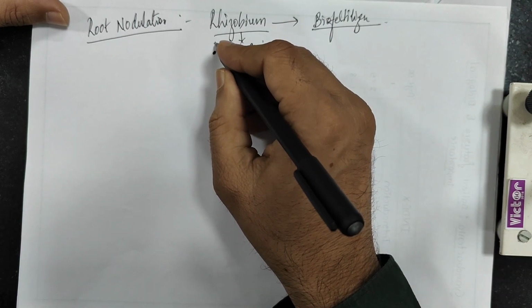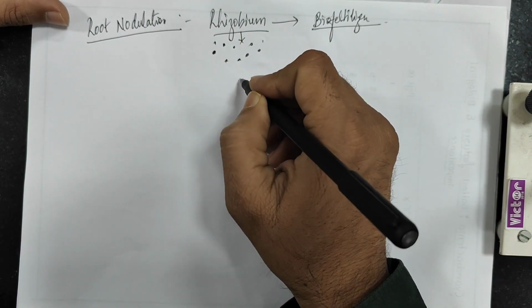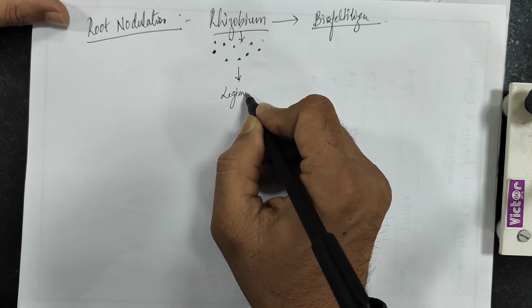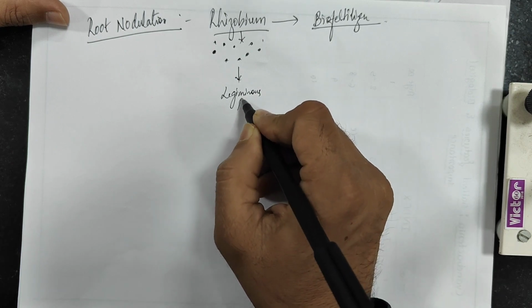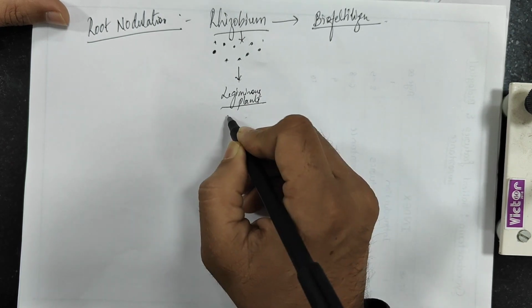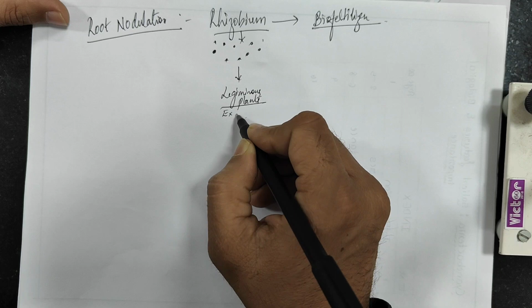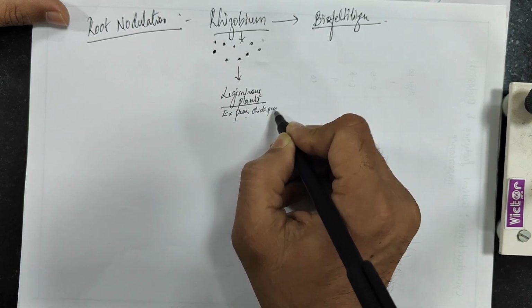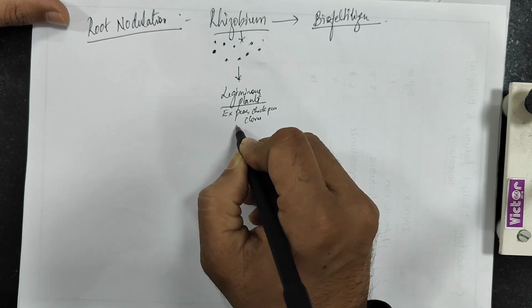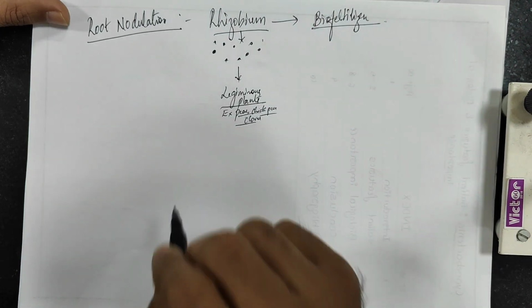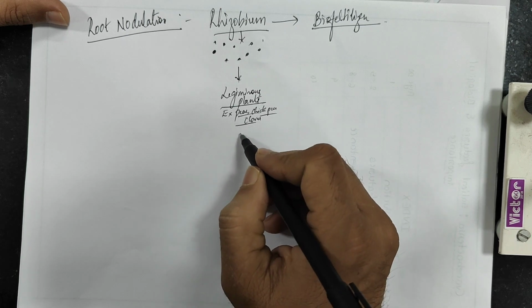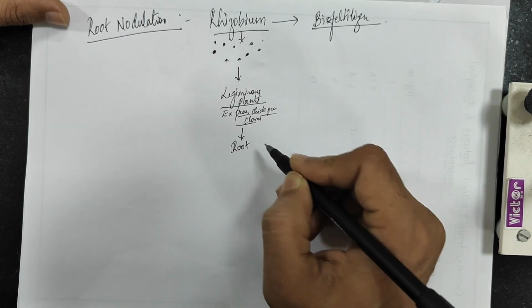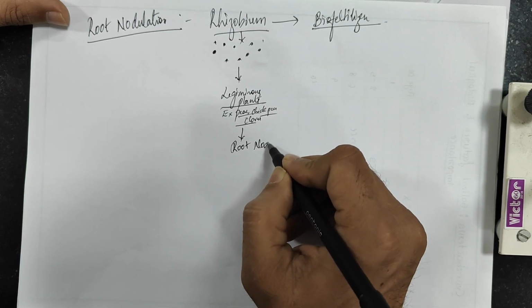But when this Rhizobium comes in contact with leguminous plants, example peas, chickpeas, clover, etc., they form a root nodulation.